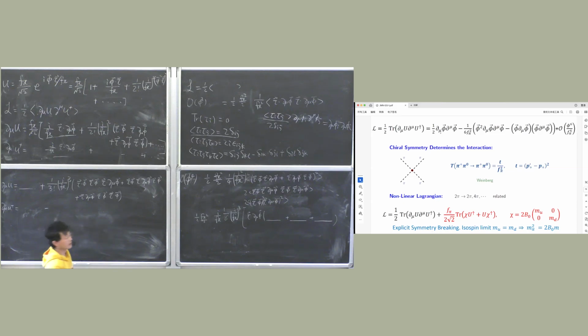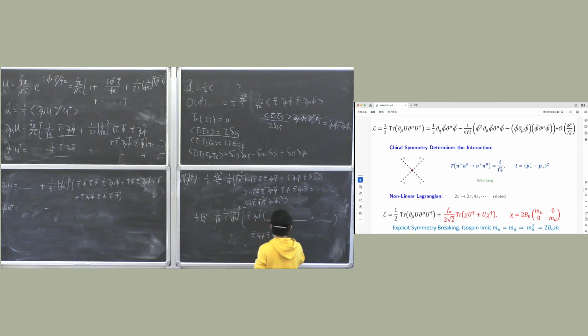So again, we can use a similar trick like this. We can combine two of them into one, and finally we have tau.